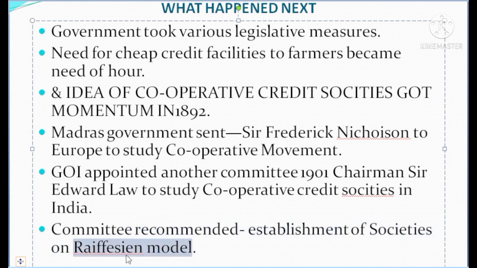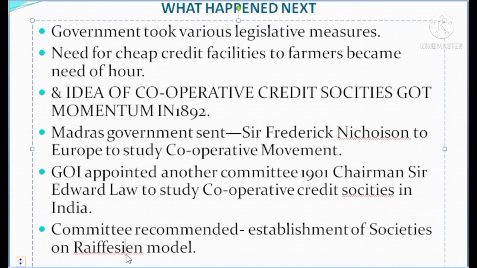Actually, Raiffeisen was a Germany-based scholar, and Germany is said to be the birthplace of the cooperative movement in the world. This Raiffeisen model has its own characteristics: how loans should be given, what should be done with the establishment of cooperative societies, etc., which we will deal with in a later part of this video or the next video.